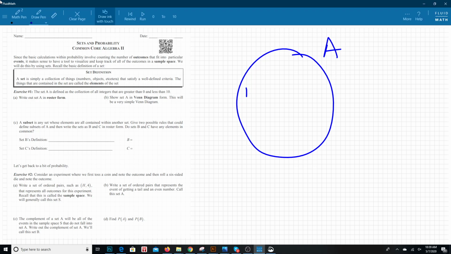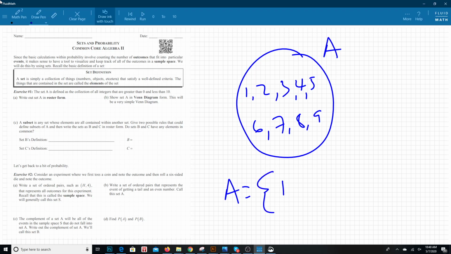So we have 1, 2, 3, 4, 5, 6, 7, 8, 9. I can also write A in the roster format: 1, 2, 3, 4, 5, 6, 7, 8, 9. This is set out in roster format. So this is what we did for A.